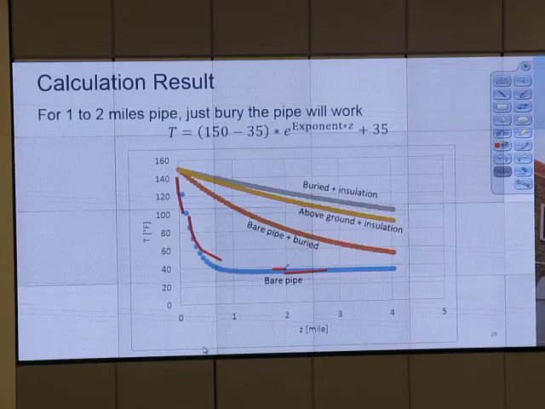A little bit or a lot? When your temperature drops from 150 to about 35, it goes up a lot. So viscosity goes up exponentially when the temperature drops.